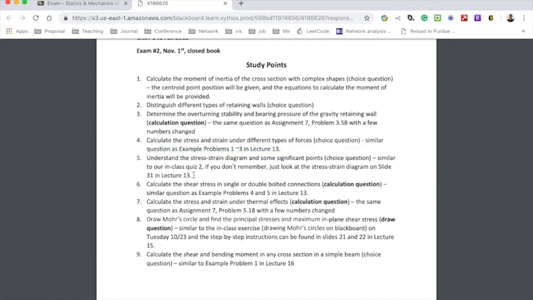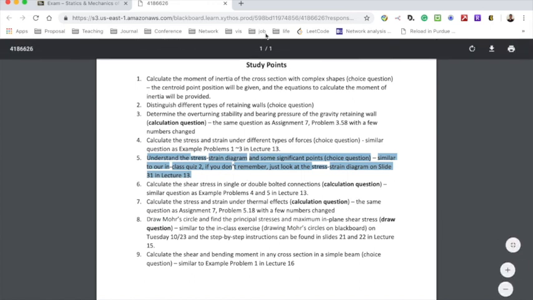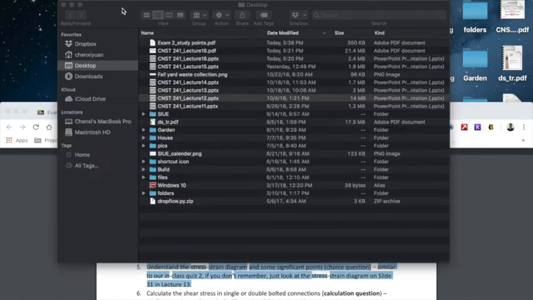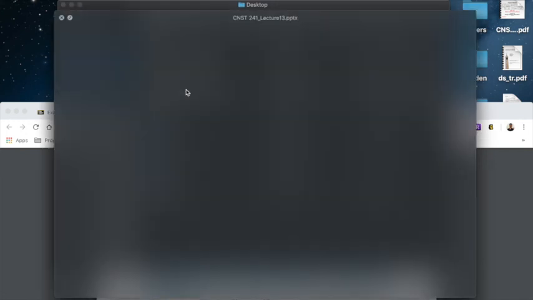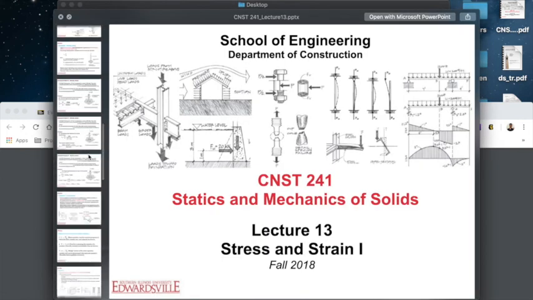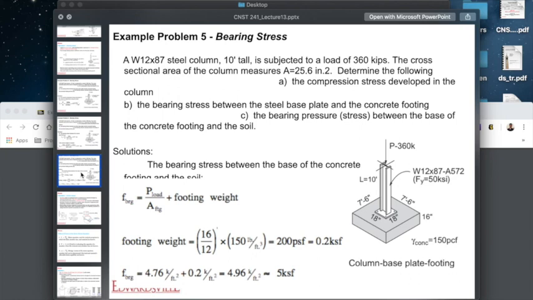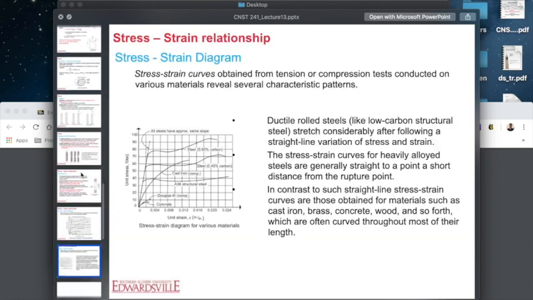Then for the next one, understand the stress and strain diagram and some significant points. This is also a choice question. It's quite similar to our in-class quiz 2. If you cannot remember, just look at the stress and strain diagram on slide 31 in lecture 13. It's close to the end of this.